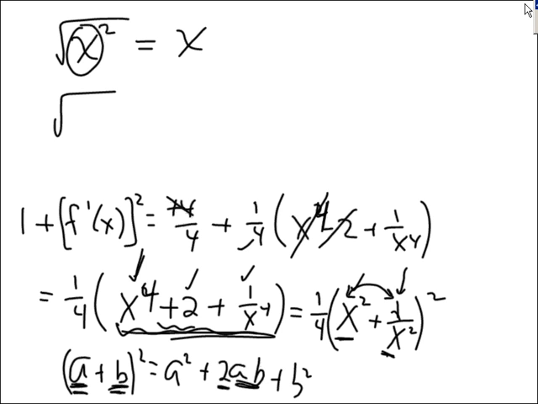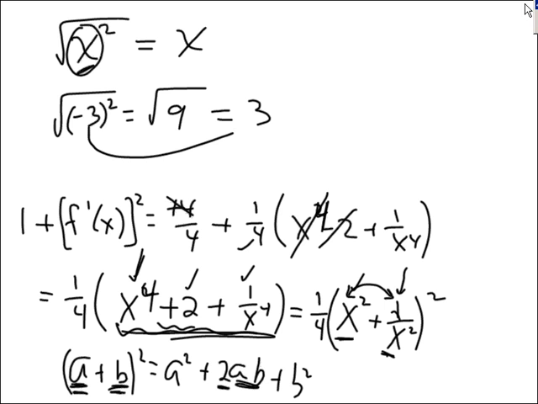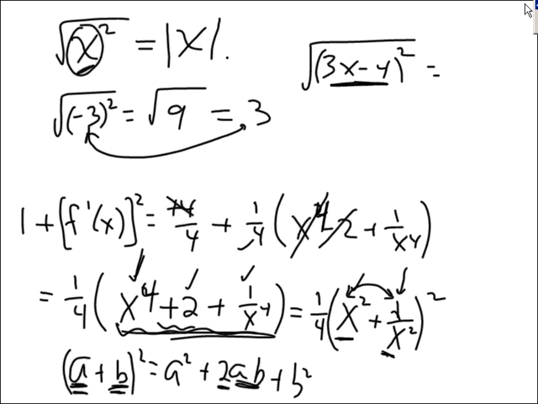If I replace x with -3, when I square -3, I get 9. When I take the square root of 9, I get 3. They're not the same. What you get back is the absolute value of what you're squaring. If somebody asks you what is 3x minus 4 all squared square root, it's the absolute value of that.